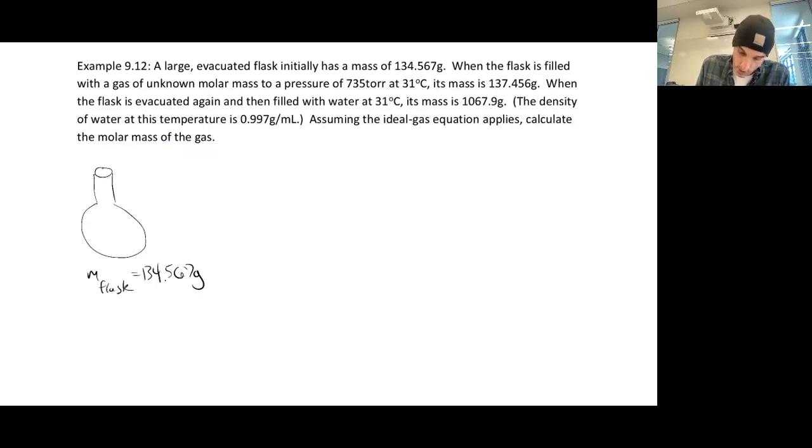So what I've done is, all right, that was the empty flask. Now I've added a little bit of heat, that's heat, and I have filled it up with a gas. The only thing in there is the gas inside the container. It has some kind of little cap and we're going to see that.